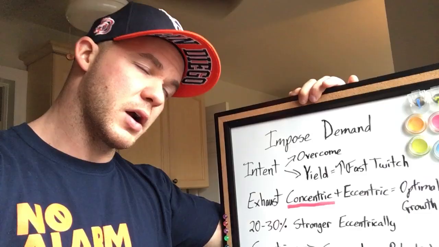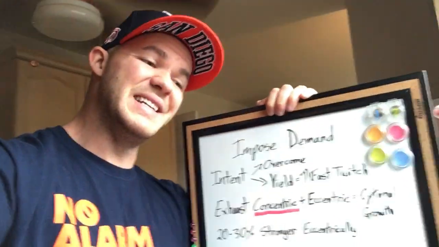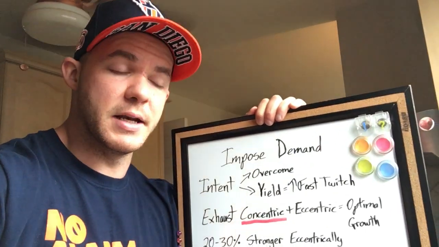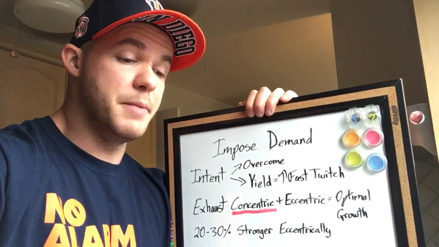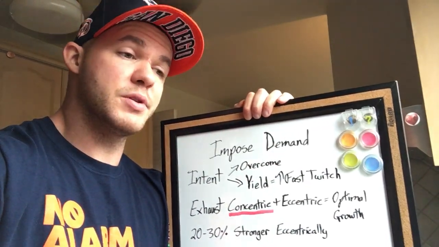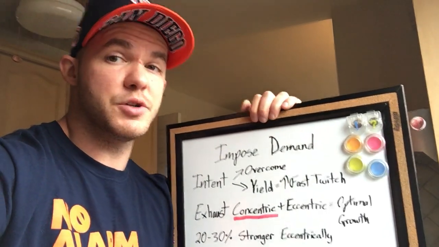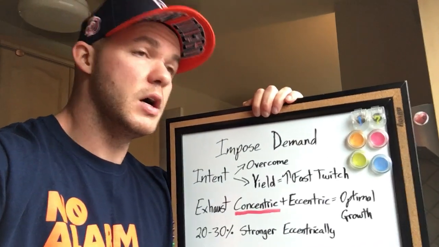When you're lowering a weight, your intention is to yield that weight, to decelerate it, to control it as your muscles lengthen. Your body perceives lengthening actions to be potentially harmful, and as a result, because we're designed to survive, it will recruit more fast twitch muscle fibers to produce the force necessary to yield a load.